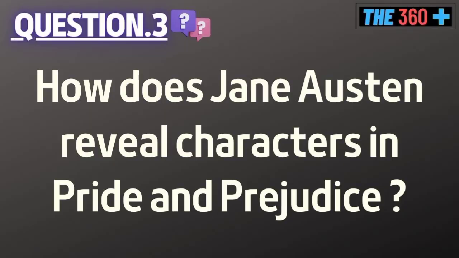Moving towards the next question: how does Jane Austen reveal characters in Pride and Prejudice? Jane Austen has portrayed many characters in this novel, and those characters are revealed one by one.